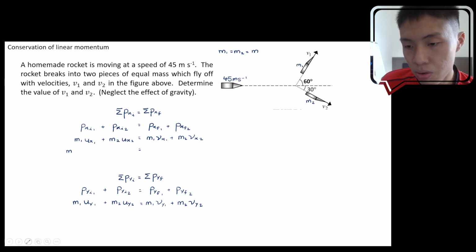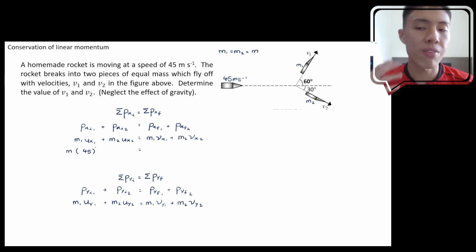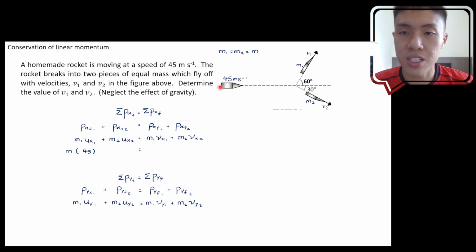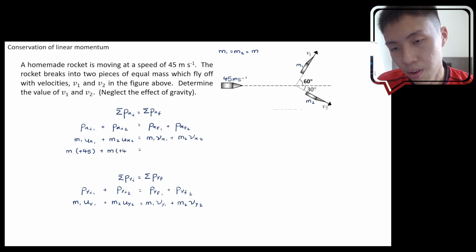Okay, so we can do substitution here. Every time we substitute something, we have to make sure the sign is correct. So in this case, we should not just put 45, because that means we haven't really checked the direction yet. We check the direction, 45 meters per second is to the right. Therefore, we can put it as the x component being positive. m here is also positive.